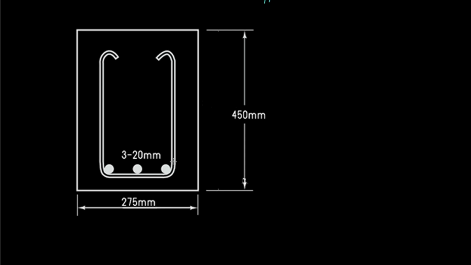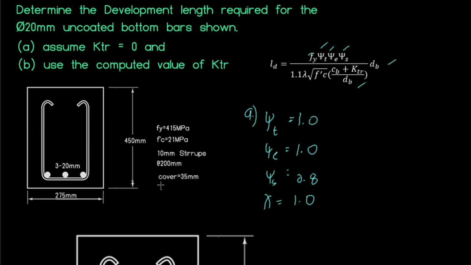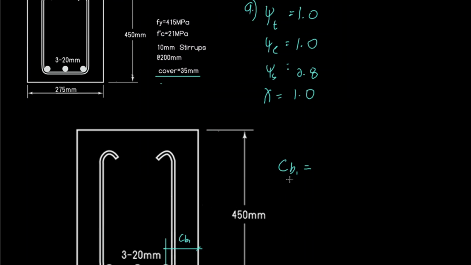Okay. So, sabi niya, yung unang CB is from the centroid of the bar papunta sa nearest concrete surface o sa mukha niya. So, ito yung CB1 natin. So, for us to compute for that, CB1 is equal to, from the given, meron naman siyang binigay na 35 na concrete cover.